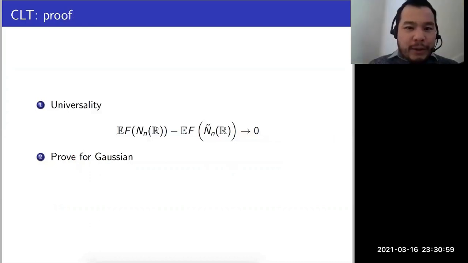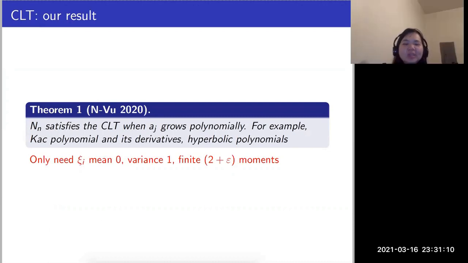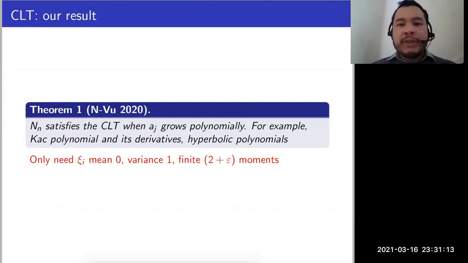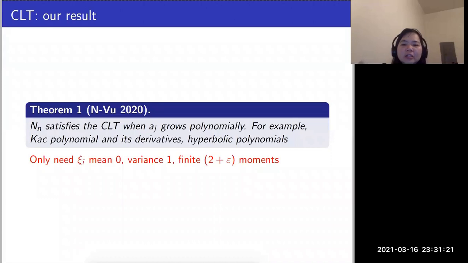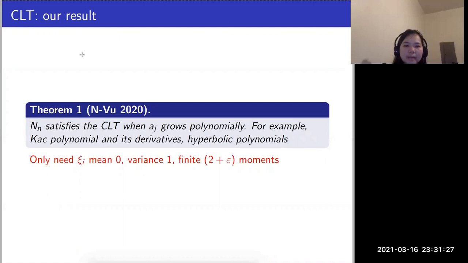Sorry, quick question. Can you go back to the previous slide? Sure. So grow polynomially in terms of i or in terms of n? That's a great question. It's in terms of i. In terms of i. Okay, because later on we need to send n to infinity, right? That's right. Okay, thanks. One example to keep in mind is the Kac polynomial, the sum of c_i x^i.